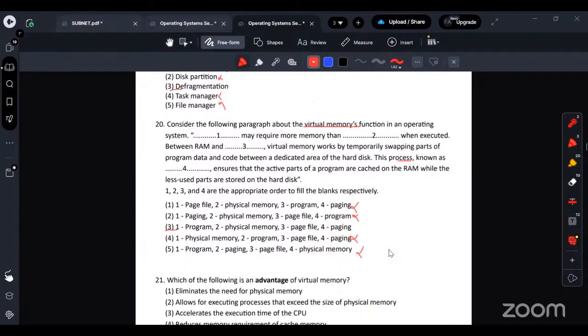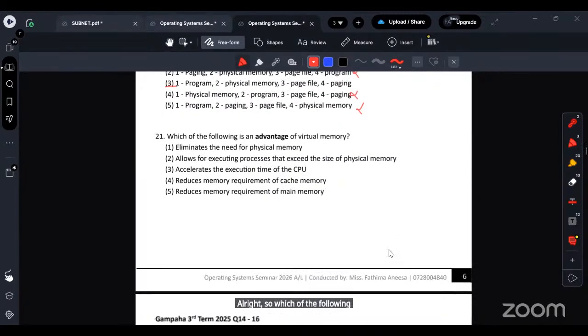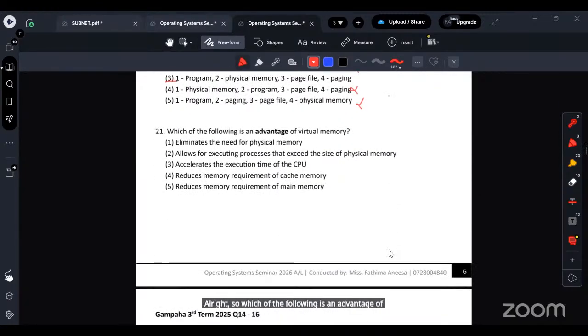Alright. So which of the following is an advantage of virtual memory? Which is the advantage of virtual memory?